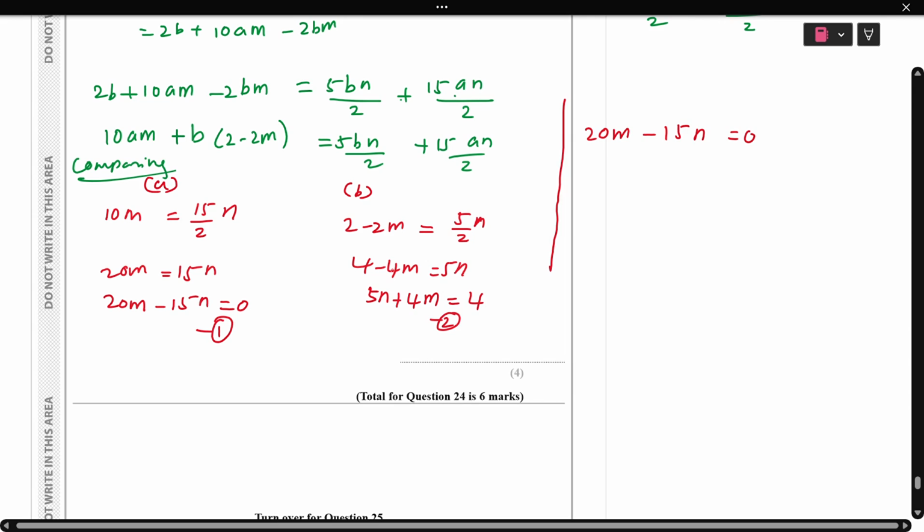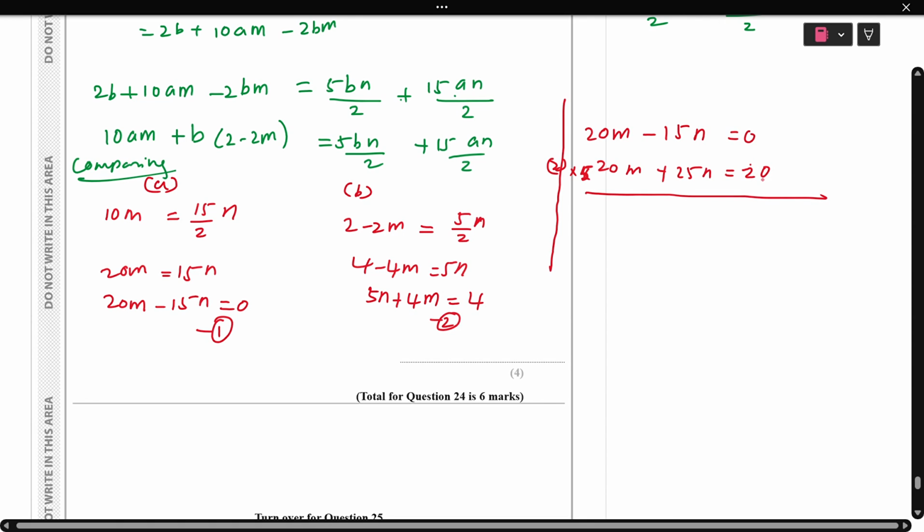To make the m term the same, I'll multiply equation 2 by 5 and by 4, which gives 20m plus 25n equal to 20.